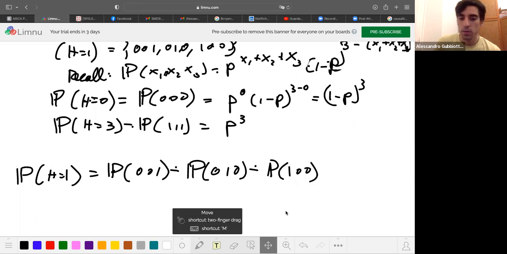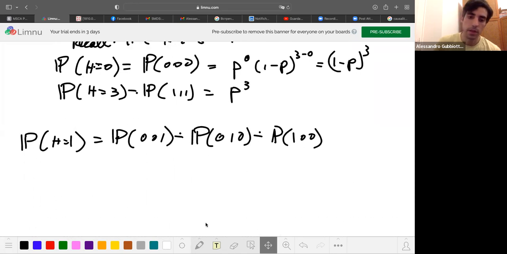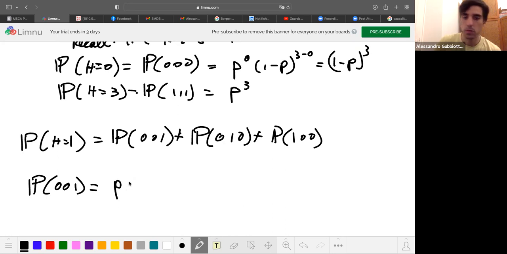Let's look at the probability, for instance, of 0, 0, 1. This is equal to p to the power x1 plus x2 plus x3. This is in general.